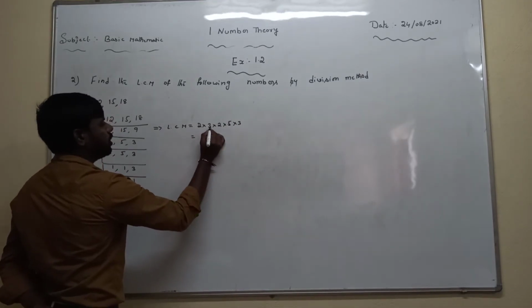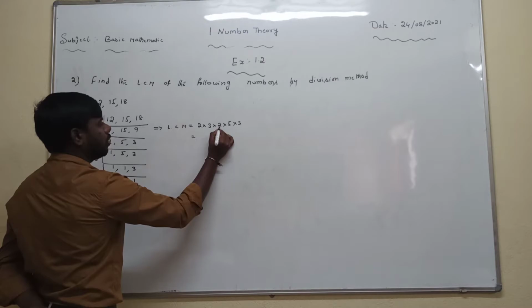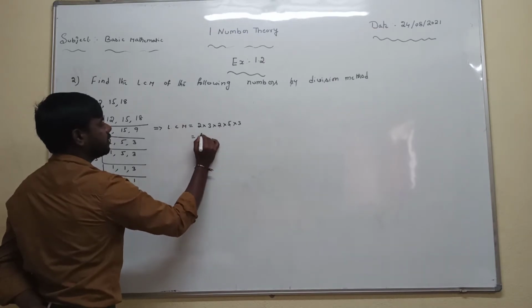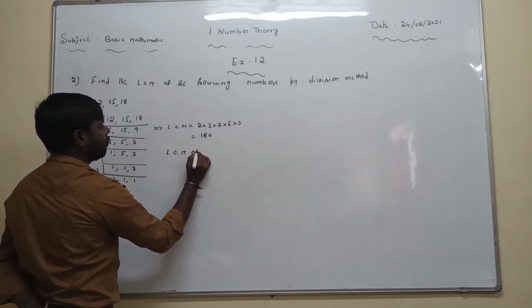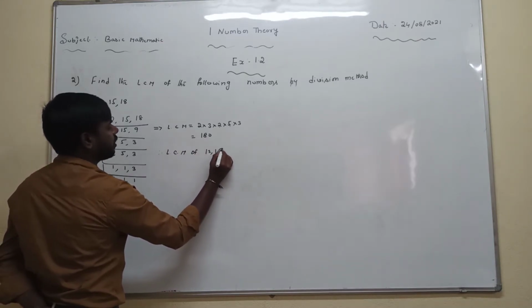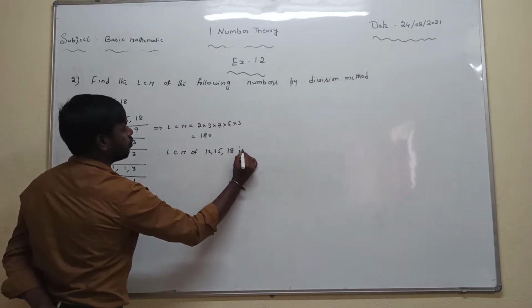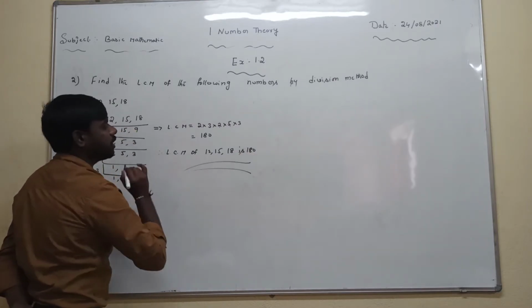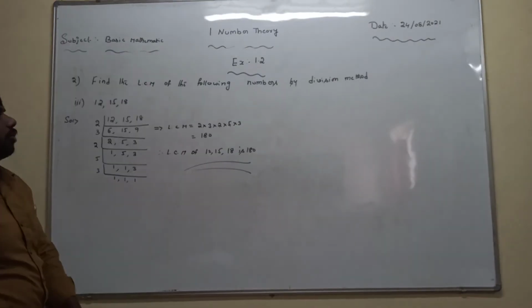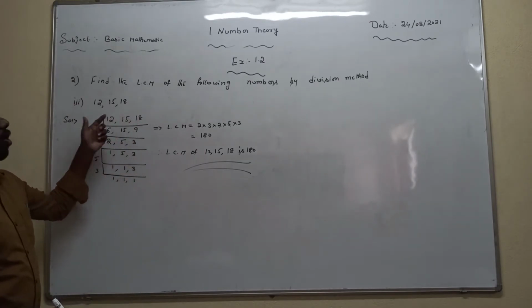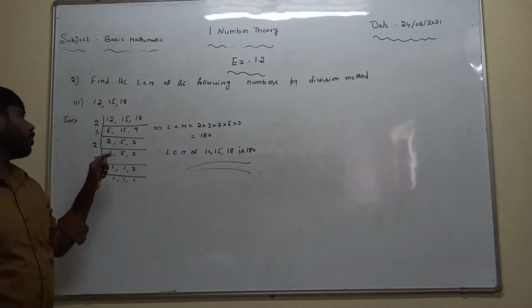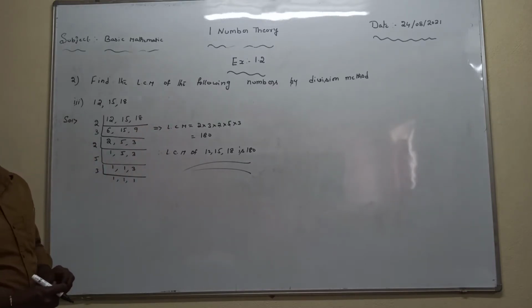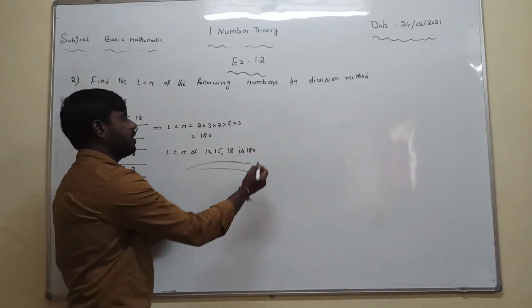Now 2 threes are 6, 6 twos are 12, 12 threes are 36, 36 fives are 180. Therefore the LCM of 12, 15, 18 is 180. This is the solution of this question. Divide the given numbers by a common prime number until the remainder is 1, then LCM is equal to the product of all the divisors.